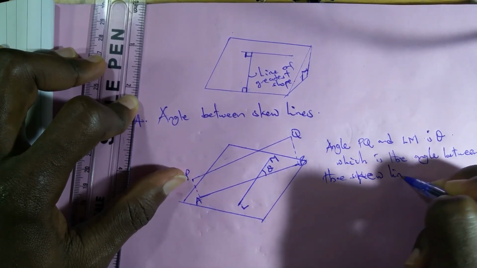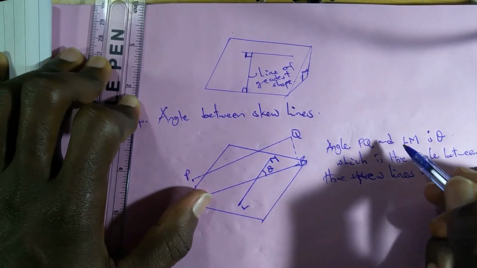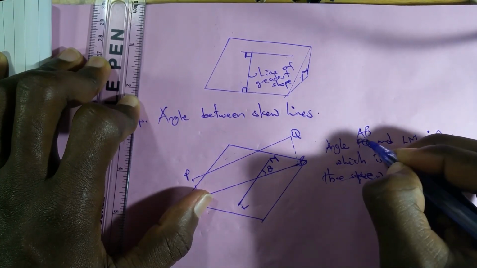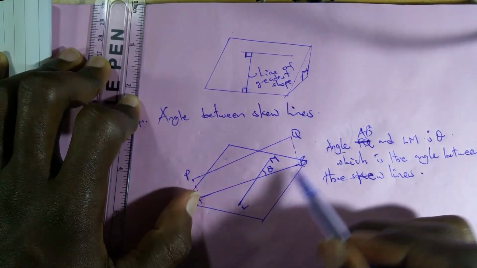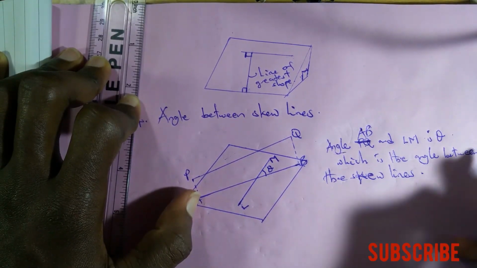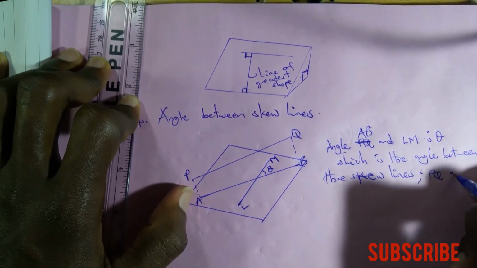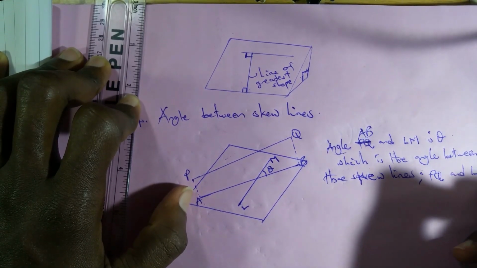Actually, let me say AB, because AB and LM make theta, which is the angle between skew lines PQ and LM on the plane.